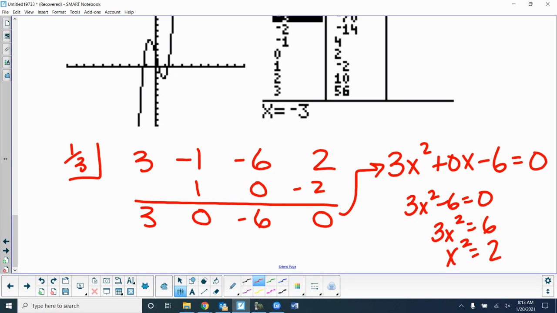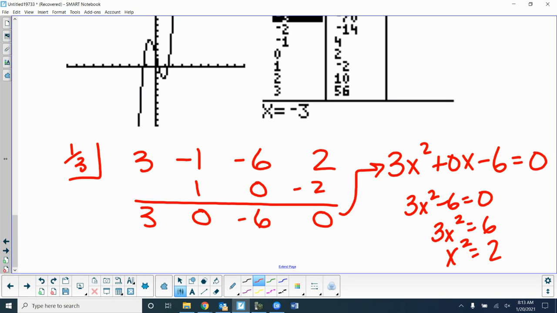Okay? You can always get it to a quadratic and then solve the quadratic. You can use the quadratic formula if you want. Right, Wagner? Questions? All right, so there's other things you can do. Again, if you want to rely on the calculator, that's fine. Okay?